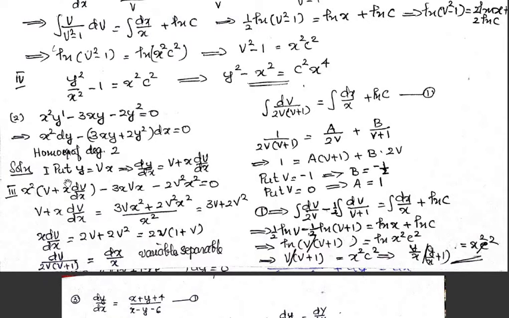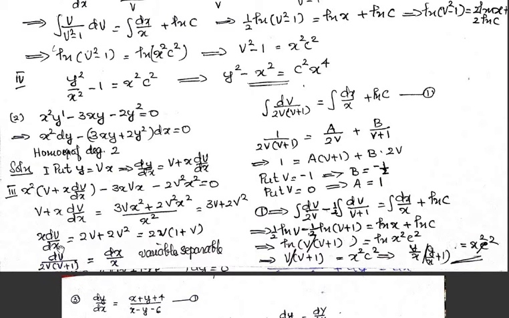Now solution, put y equal to vx and dy by dx is v plus x dv by dx. I substituted these quantities in this equation, getting x square times v plus x dv by dx minus 3x into vx minus 2v square x square equal to 0. That is v plus x dv by dx is 3v x square plus 2v square x square divided by x square, getting 3v plus 2v square.